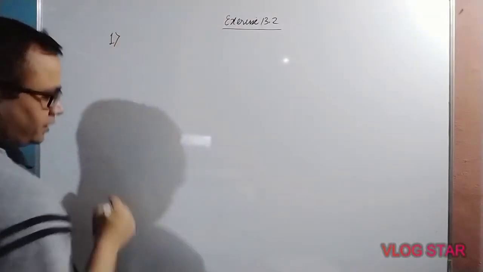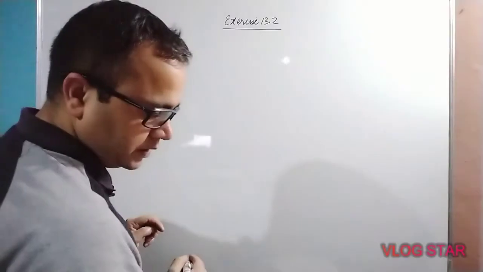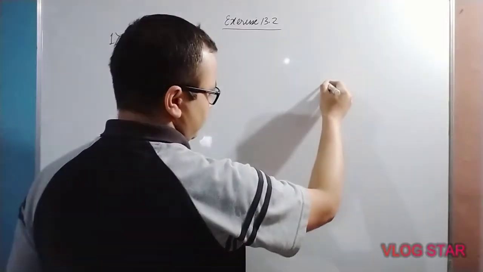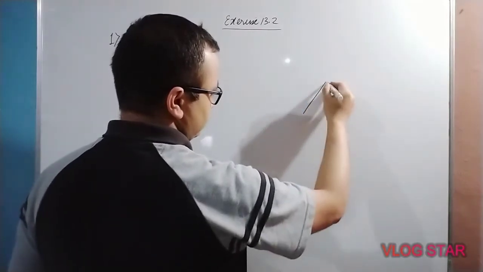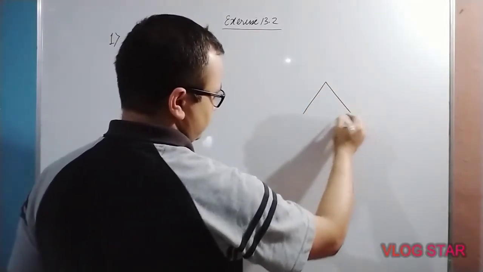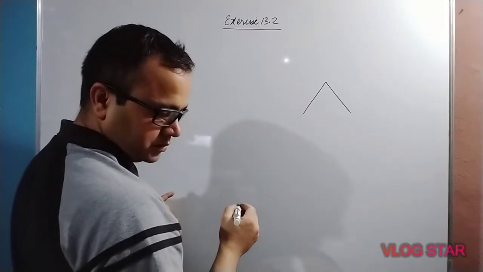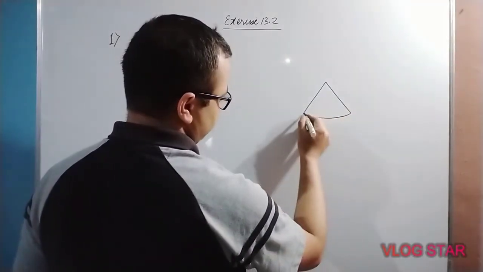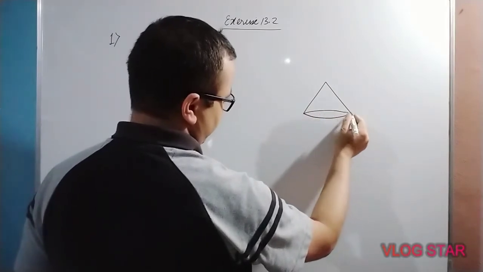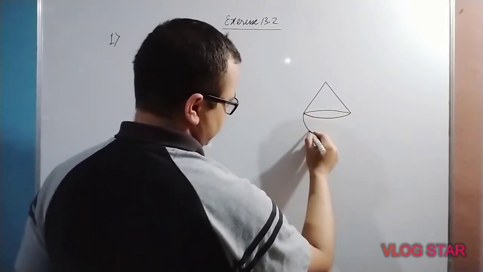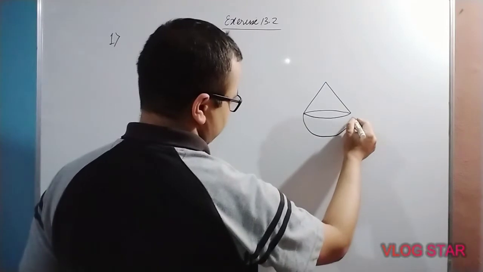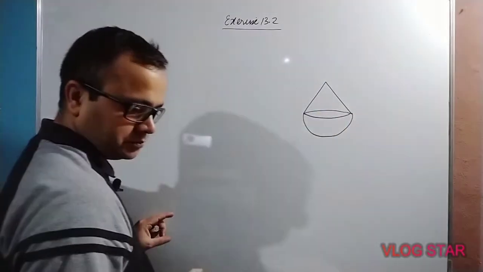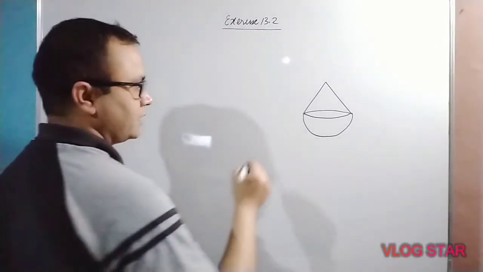Question number 1: a solid is in the shape of a cone standing on a hemisphere. Below the cone there is a hemisphere, with both their radii being 1 centimeter.